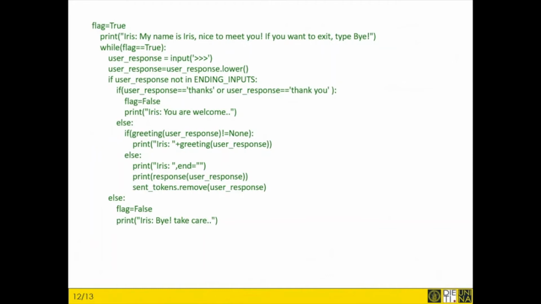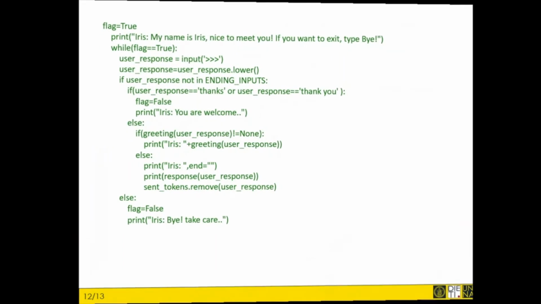Here is the last part of the function iris. We use a flag to manipulate the interaction between the chatbot and the user. While the flag is true, we check if the user input in lowercase is present in the list ending input.